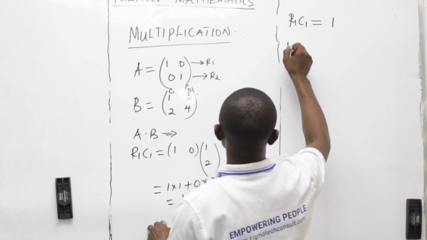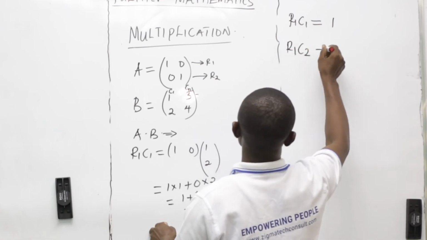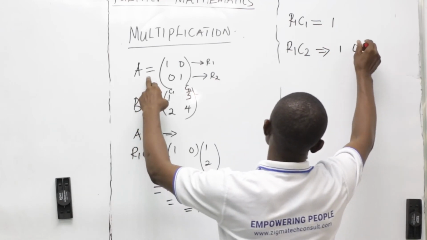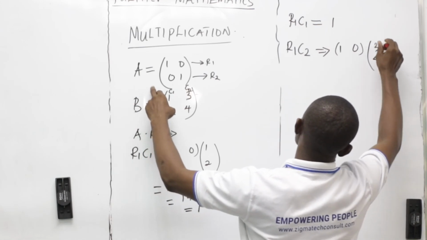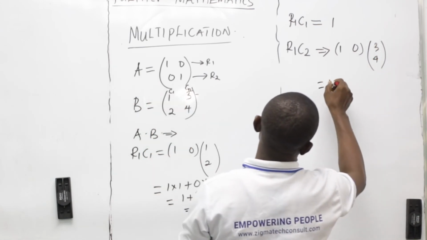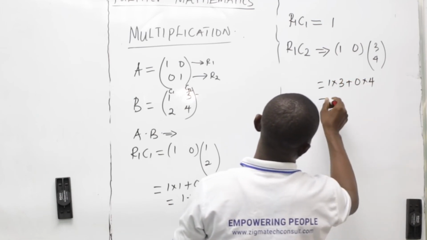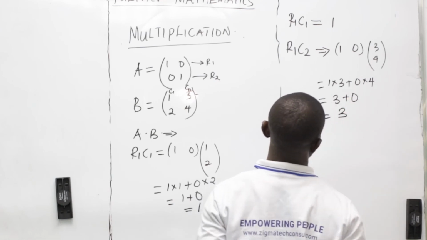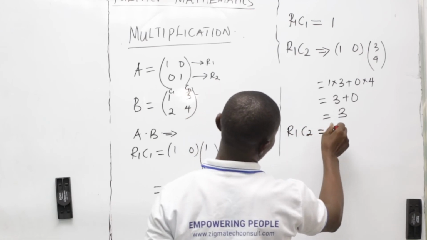Then row 1, column 2 will imply 1, 0 against 3, 4, which will give us 1 times 3 plus 0 times 4 to give us 3 plus 0 equals 3. So row 1, column 2 equals 3.